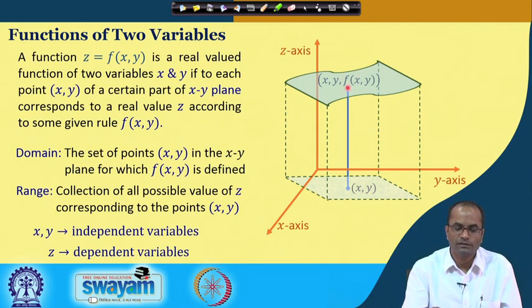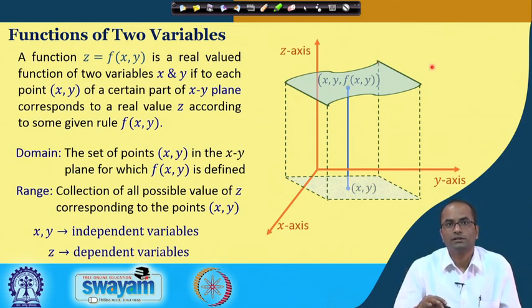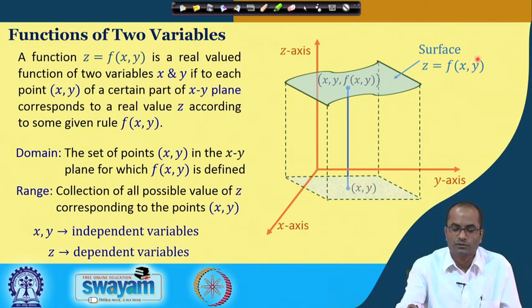So, this is the point in the three dimensional system: x coordinate, y coordinate and the z coordinate, which is f(x, y). Now if we collect all these points corresponding to the points in the domain, a surface will be formed. So, this function of two variables in three dimensional space represents a surface.